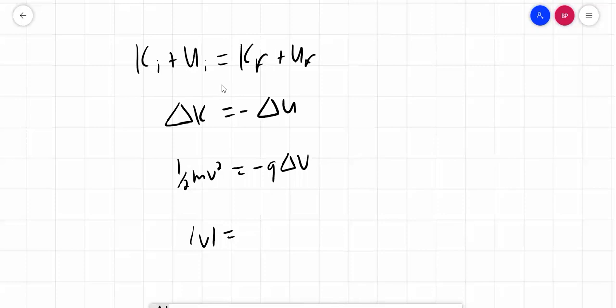So normally we'd have a plus or minus when we take the square root, but we only want the positive because we're only interested in the speed. So this is the square root of minus 2Q times delta V over m.